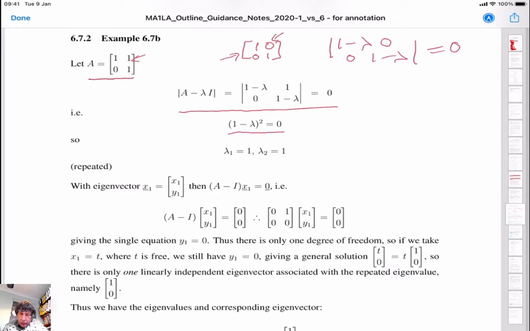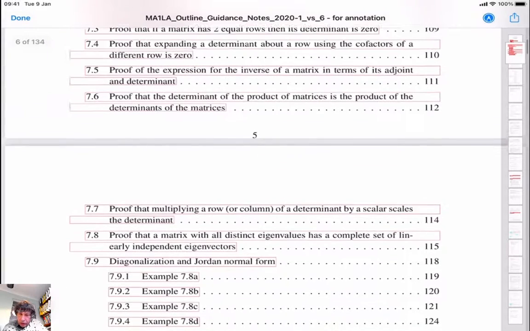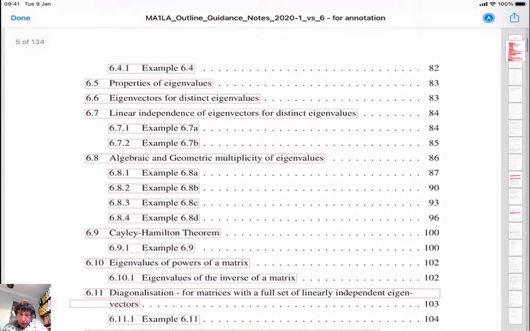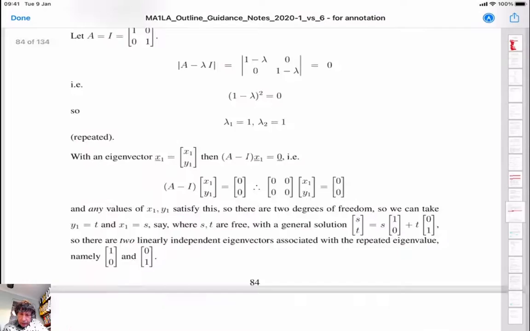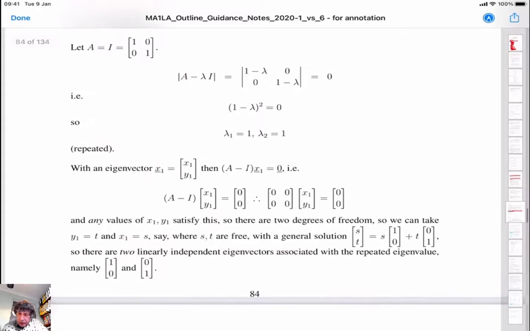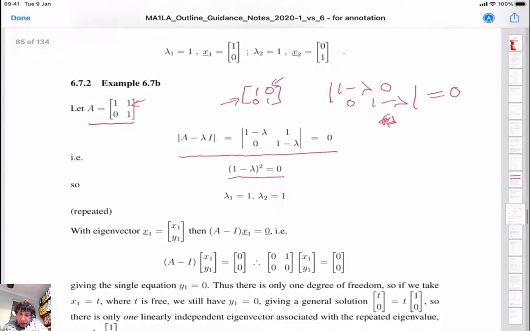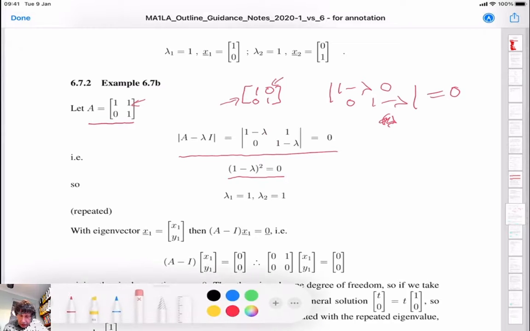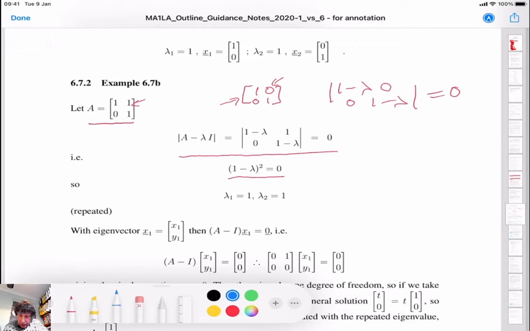If you multiply out the left hand side, you get 1 minus lambda squared. An unhelpful property of this iPad is that if one leans on the right hand side it jumps. But anyway, we can do nice things like this and even change the colour.